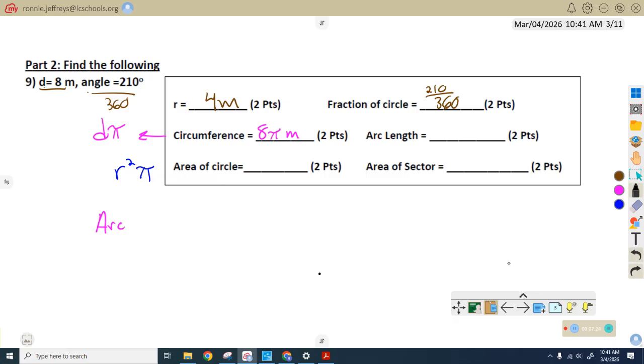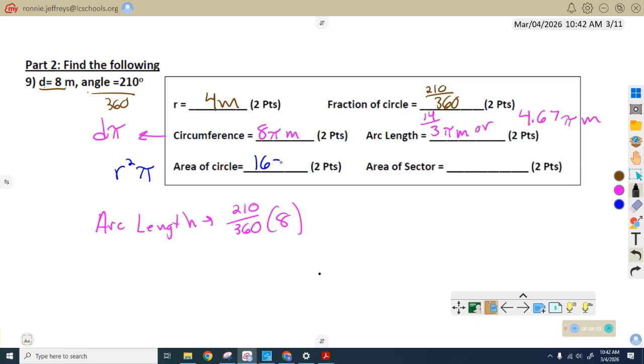Now, your arc length is the fraction of the circle times the circumference. Area of the circle is pi times the radius squared. Well, the radius is 4.